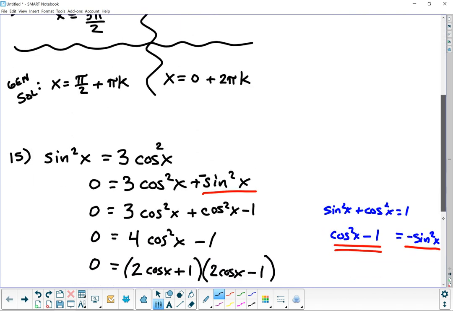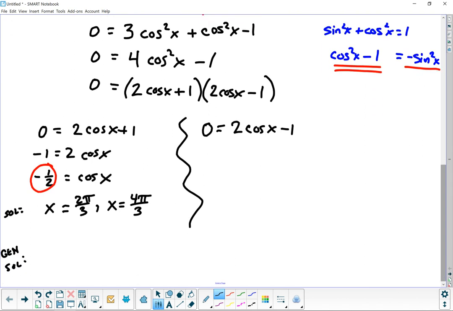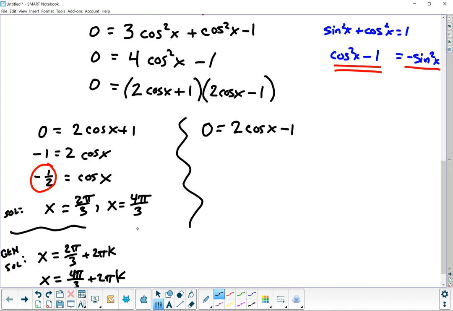We would just have to use a 2 pi k, or if you're using degrees, 360k. So the general solution would be x equals 2 pi over 3 plus 2 pi k. And the other answer is x equals 4 pi over 3 plus 2 pi k. Okay.